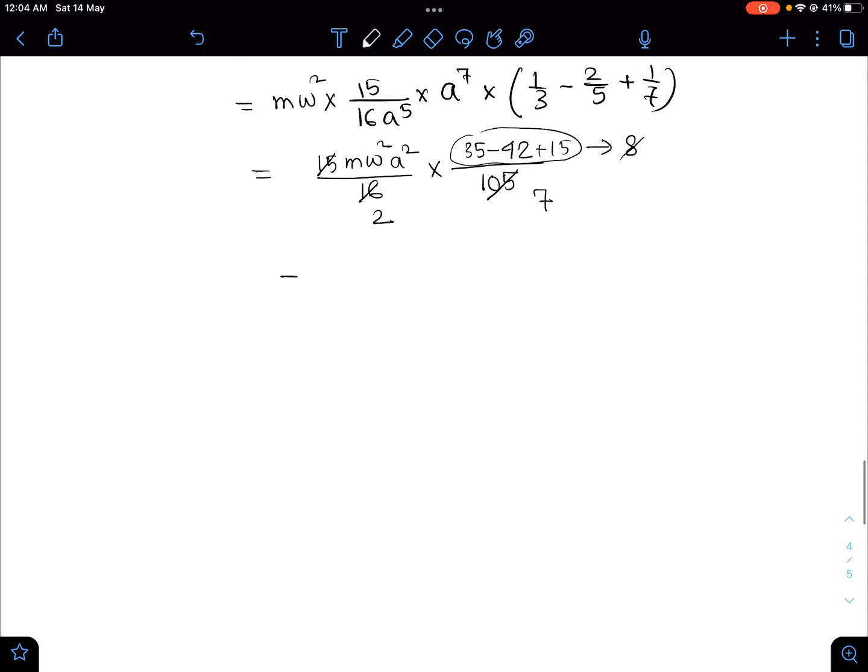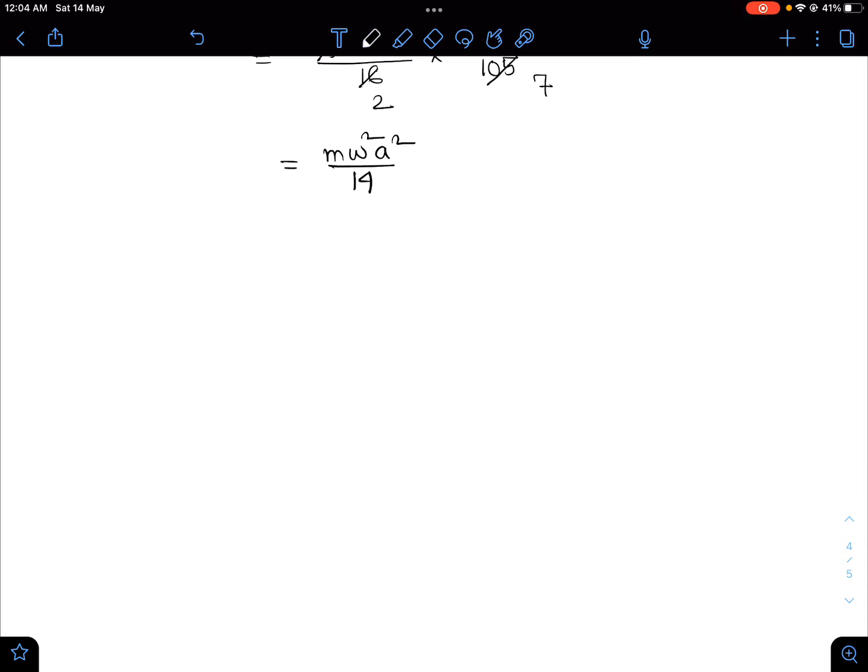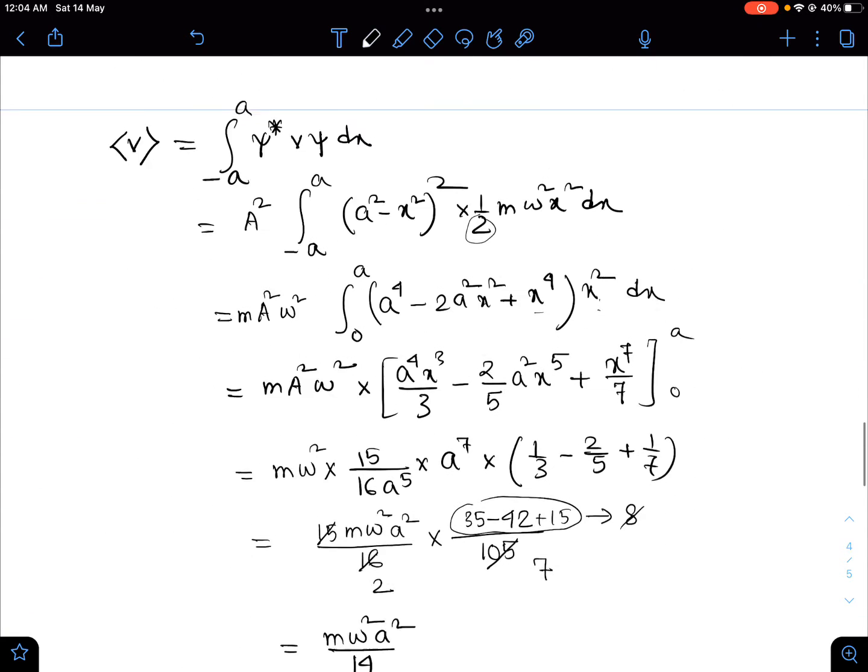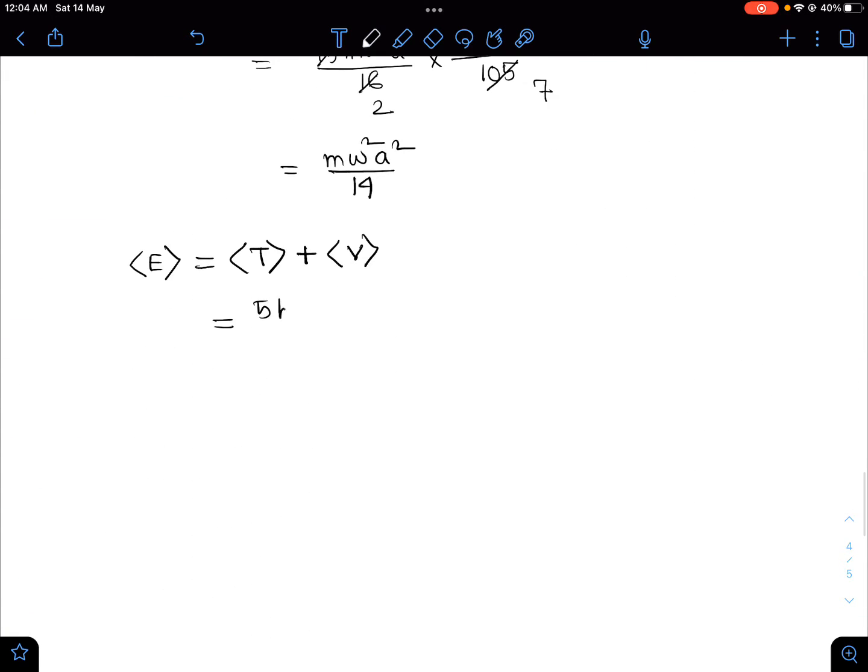So basically this is m ω² a² by 14. So we have our expectation value of energy to be the expectation value of kinetic energy plus the expectation value of potential energy. So the kinetic energy expectation value is this, 5ħ² by 4ma², and we have the expectation value of potential energy to be m ω² a² by 14.